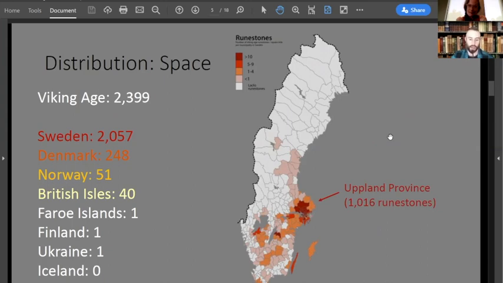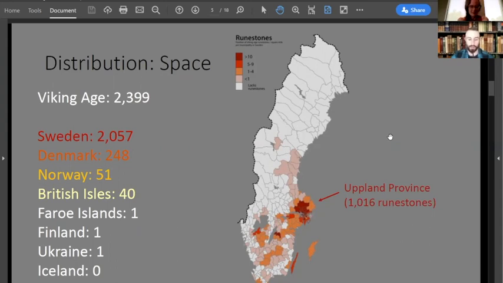Then Norway has 51, and then there's about 40 in the British Isles. This is because wherever the Vikings went, they took their writing and their runestone traditions, and they raised runestones where they were settling, and that's how we end up with so many there.